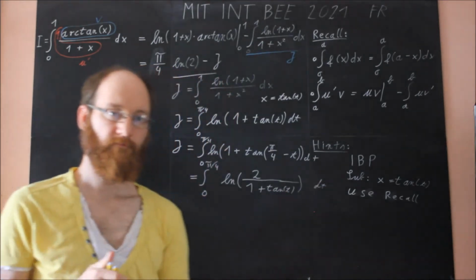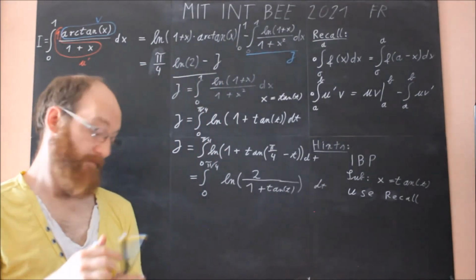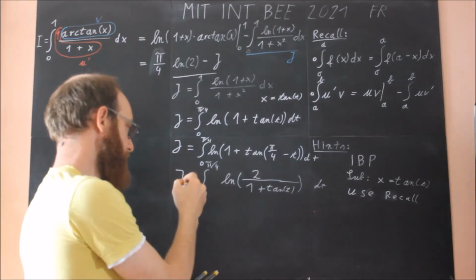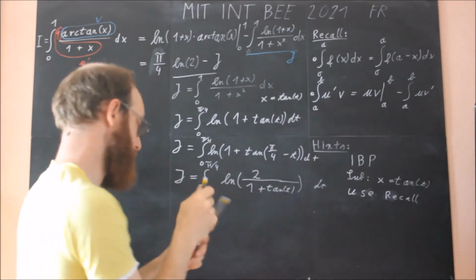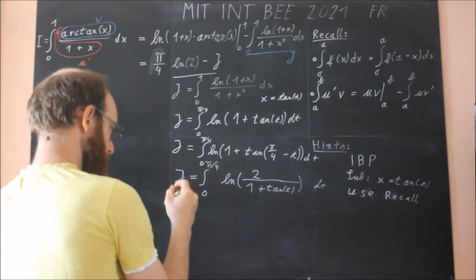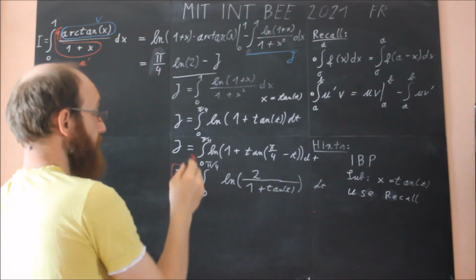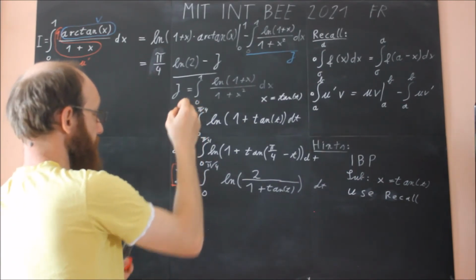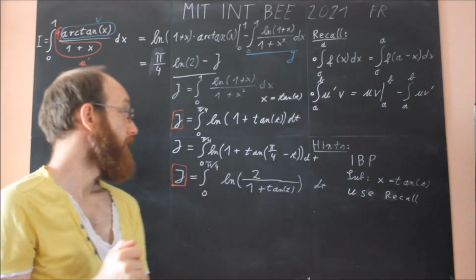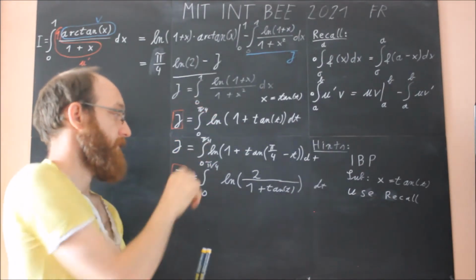Alright? And now we have two expressions for j. This one and this one. So the borders are the same.